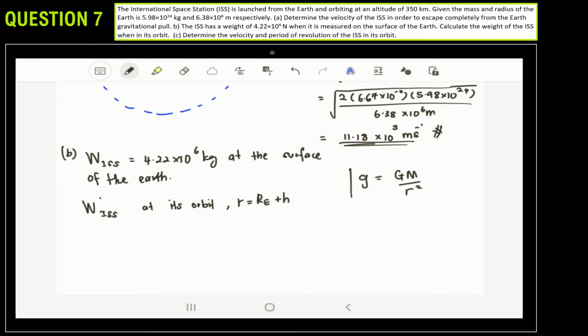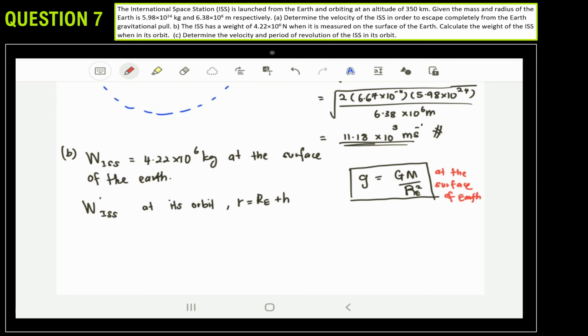Okay, so this is the equation. I put this one as capital R, RE squared, let's say at the surface of the Earth. So g is equal to GM over R squared.